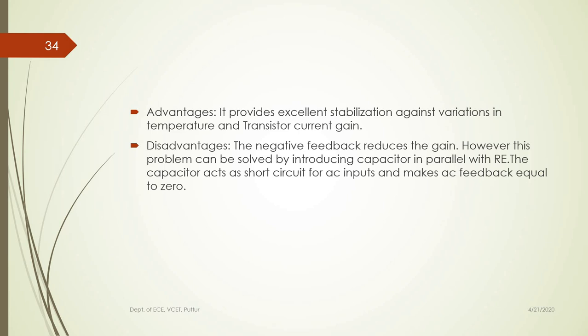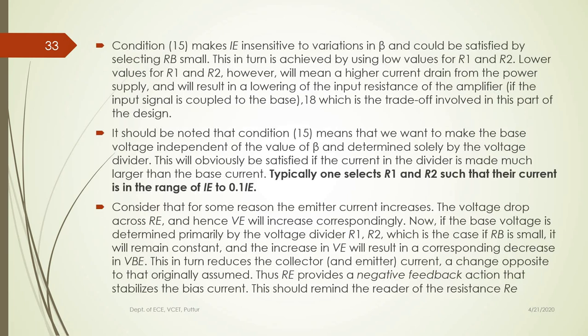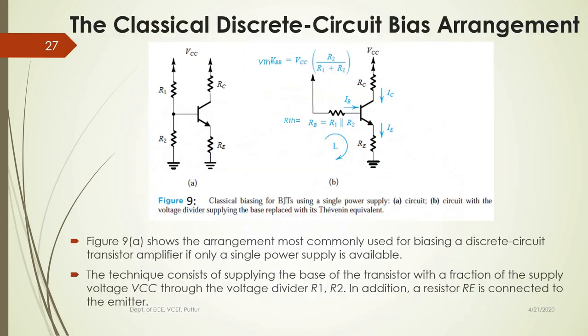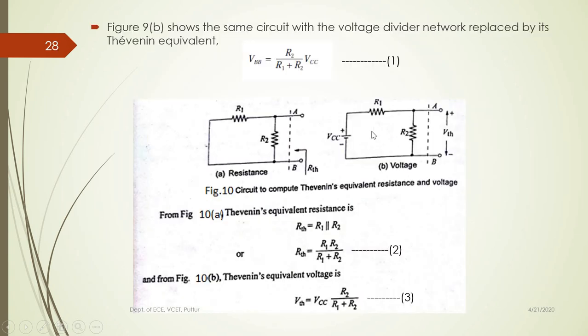Next class we shall discuss the problems of classical discrete circuit biasing. You may expect this question for 8 marks. It is a very important concept. You need to draw these two circuits and show how you obtained these two values, which is given in the next slide.